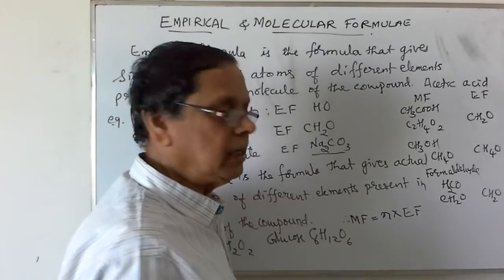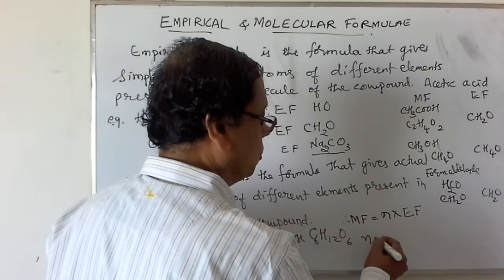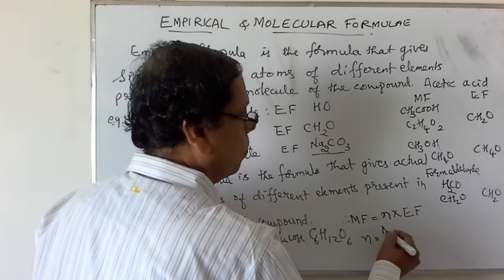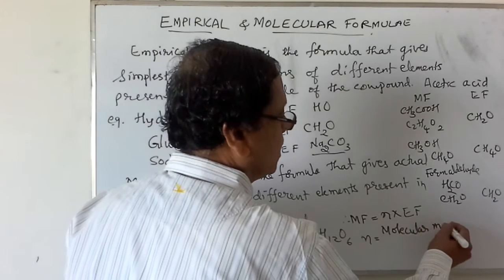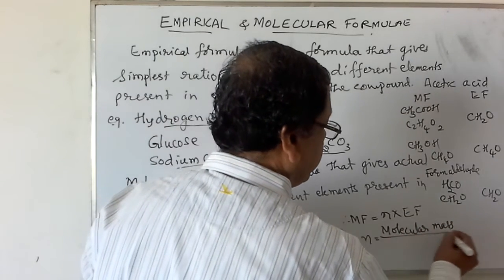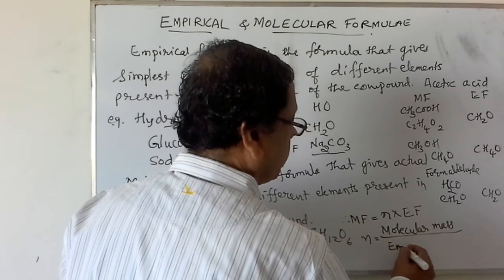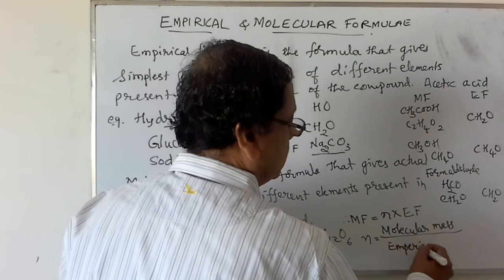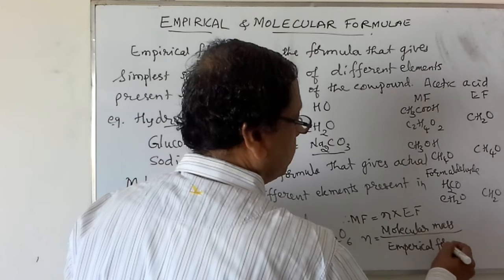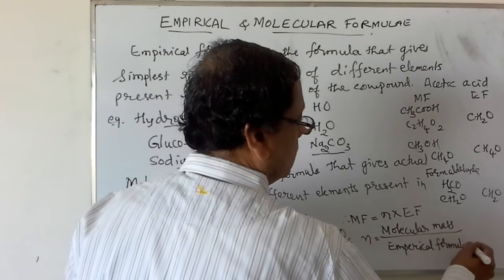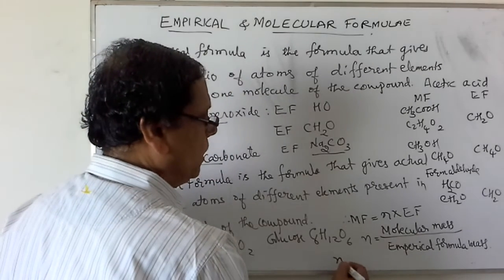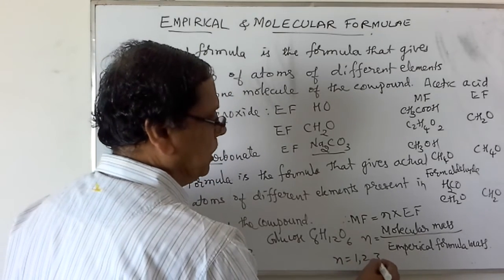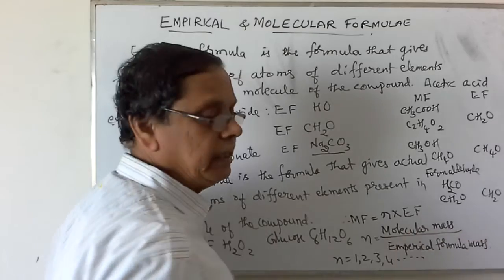To calculate this integer, we have the equation n is equal to molecular mass divided by empirical formula mass, where n may be 1, 2, 3, 4, etc., a simple integer.